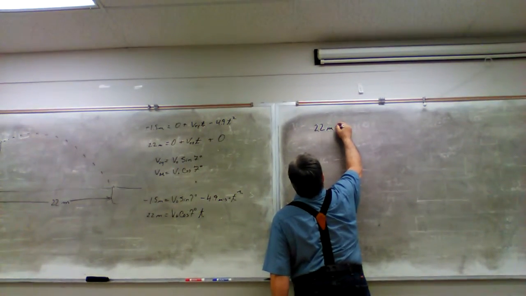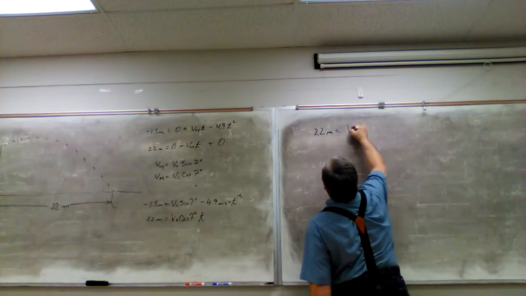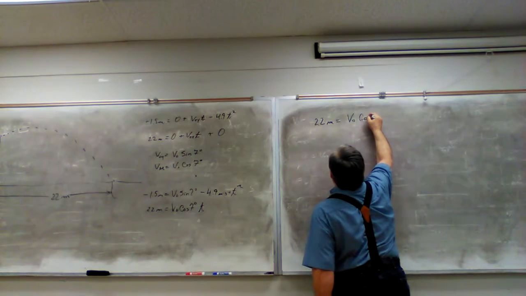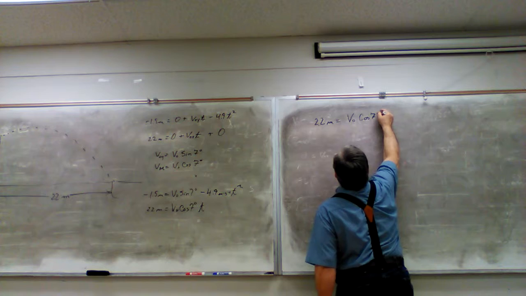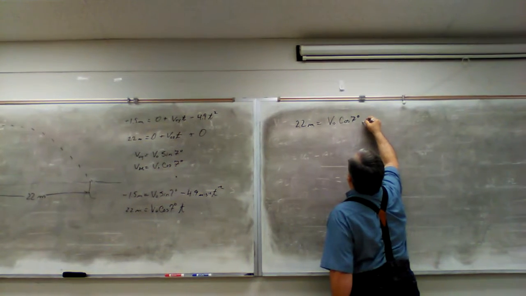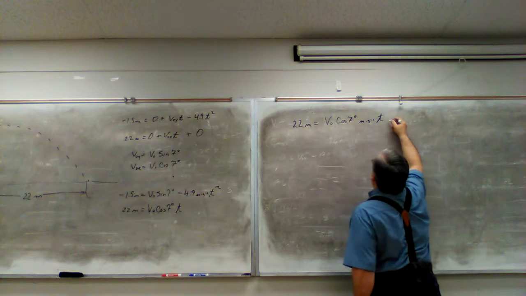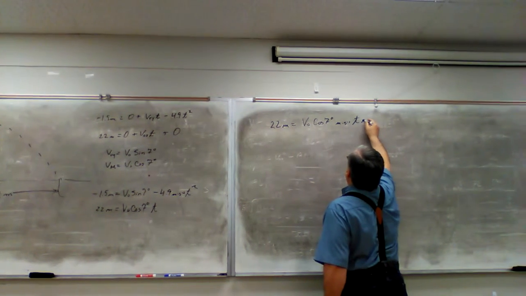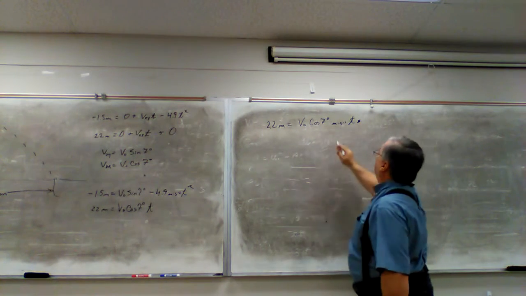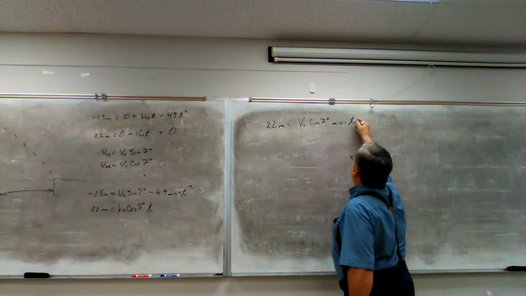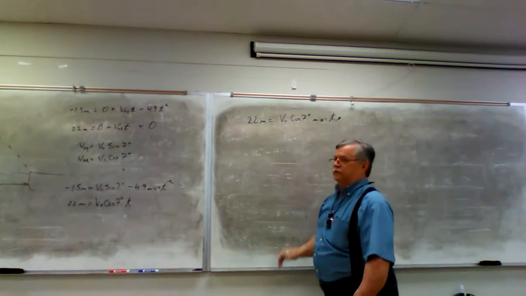22 meters equals v sub naught cosine of 7 degrees meters per second times t seconds. So meters per second cancels out with seconds. Meters equals meters. We're good there.